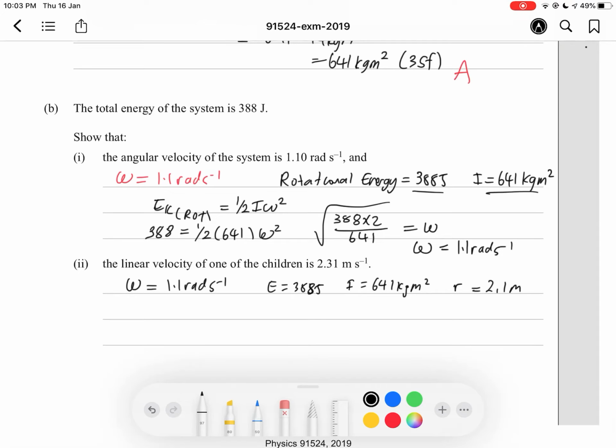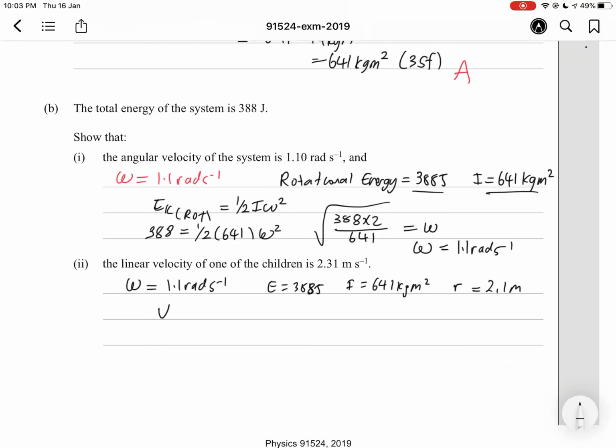We can use the equation that v is equal to the angular velocity multiplied by the radius, so v equals r omega. The linear velocity, not the rotational velocity, is equal to 1.1 multiplied by the radius, 2.1. 1.1 times 2.1 gives us a velocity of 2.31 meters per second.